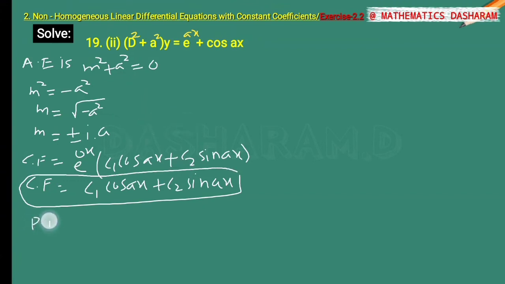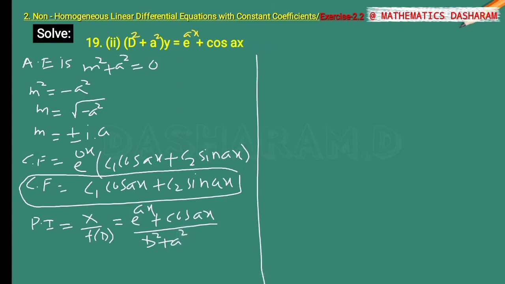Now the particular integral is X divided by f of D. The X value is e to the power of ax plus cos ax divided by d square plus a square. Then split into two fractions: e to the power of ax divided by d square plus a square, plus cos ax divided by d square plus a square.